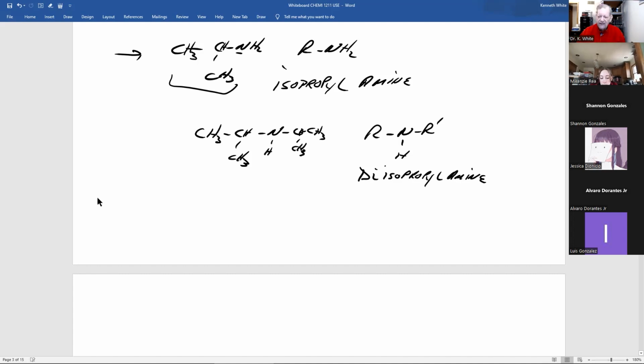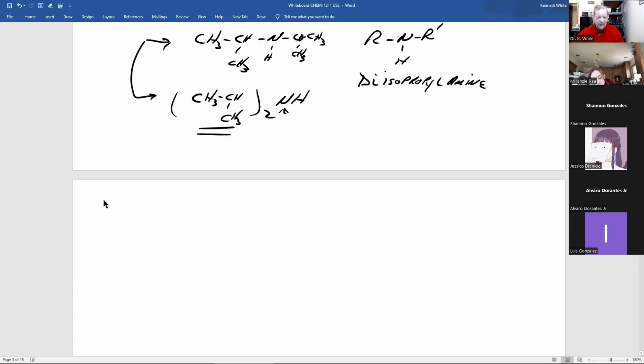Now, one thing that we don't do, well, we can, but I stayed away from up to now, but I will do. Another way of writing this would be this. And these are the same molecule, diisopropylamine. This tells you there are 2 isopropyl groups on the nitrogen.